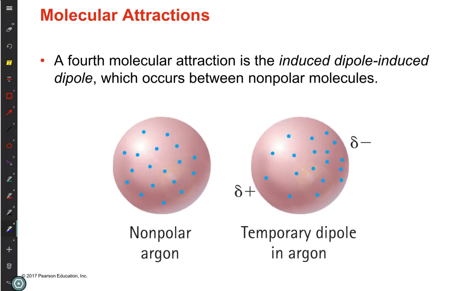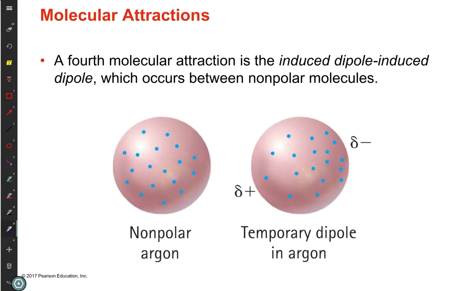How does that happen? Well, I take two atoms that have symmetric charge distribution, so the electrons are equally distributed. If they get close enough together, the electrons repel, pushing them away. And so if two things get close, the sides that are closer have the electrons pushed away, and it's going to create a dipole moment.